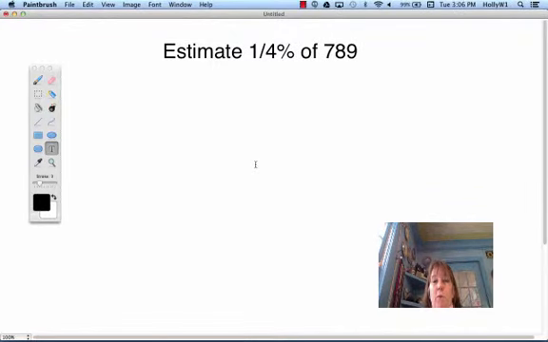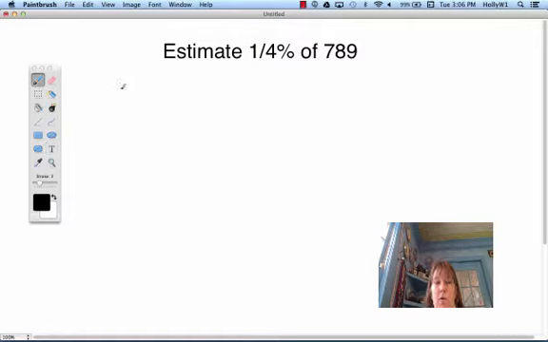Okay, this is where I really think I might have lost you guys. So when we're estimating a number that is less than 1% of a number, what we're going to do is we're going to take 1%.